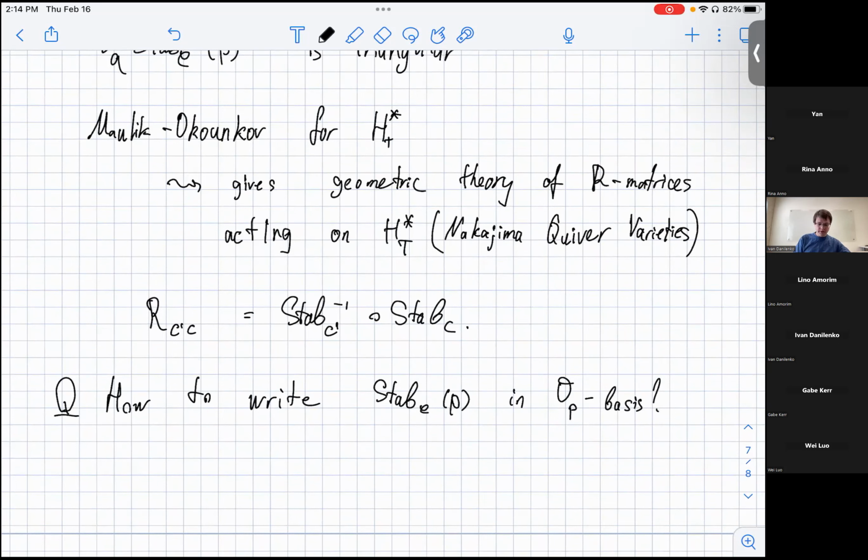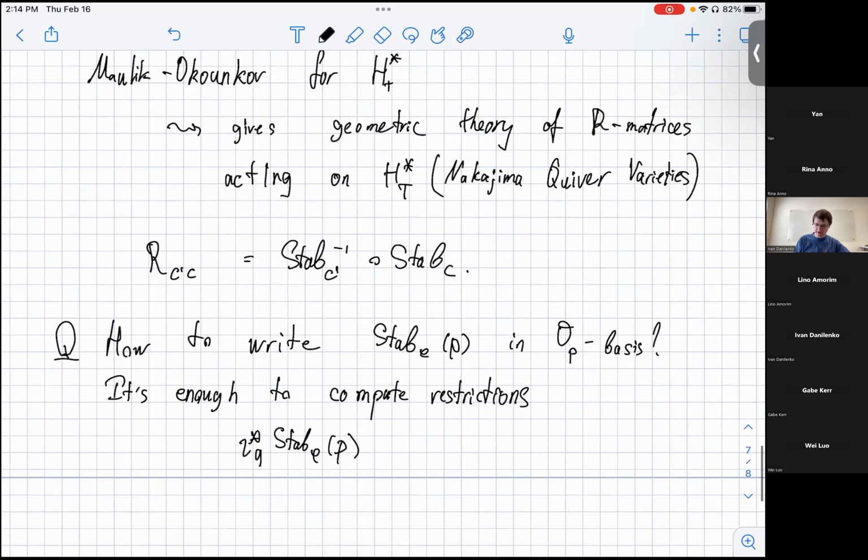By the localization theorem, it's enough to compute restrictions. So the restriction matrix knows about the whole class.